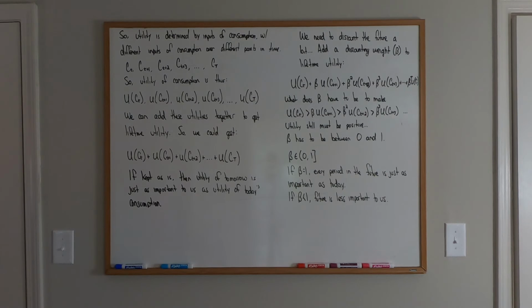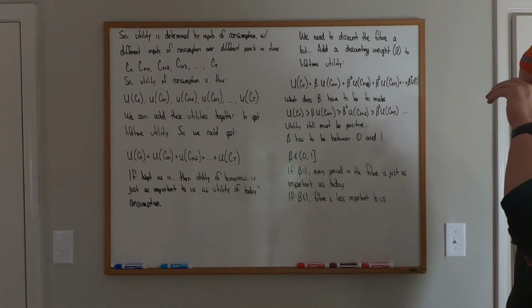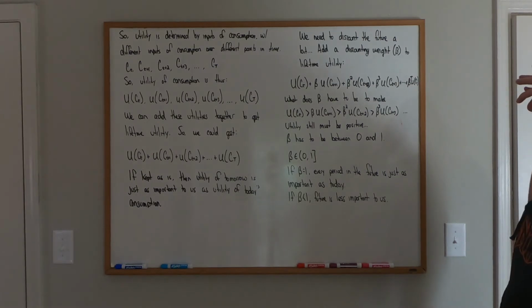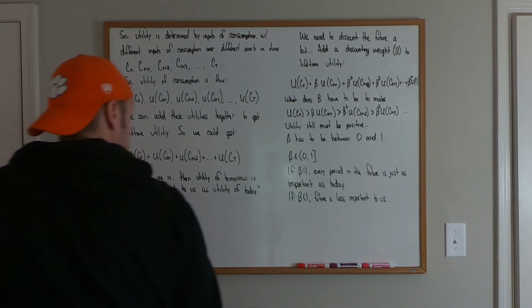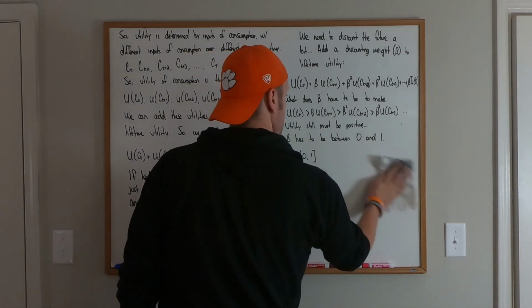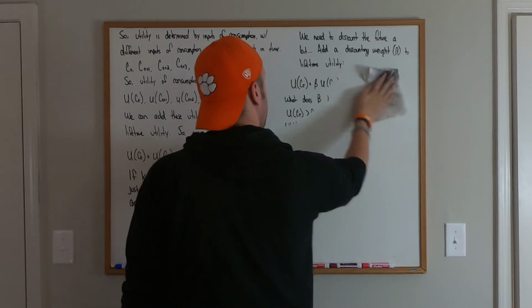Okay, cool. All right, so the smaller beta gets, the future matters less. Beta is known as a discounting weight, also referred to as a discount factor.